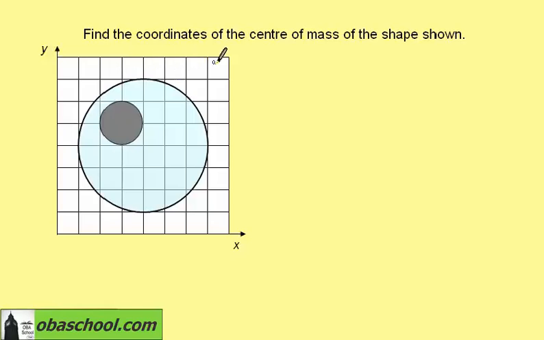We want to find the coordinates of the center of mass of the shape shown. We can see a large circle with a small circle which has been cut out. We're going to consider the center of mass of each of the circles to be a point mass.